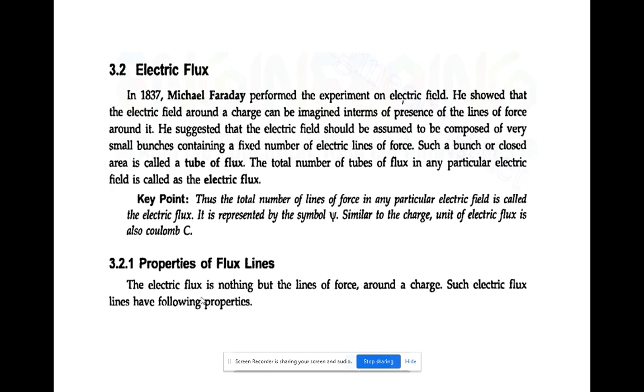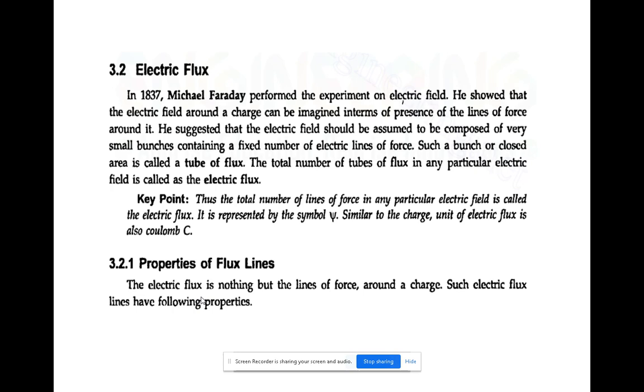Last year we saw point charges, the force on a point charge due to another point charge. Next we saw electric field intensity, which is the force existing on a point charge due to some other point charge; it will have some intensity in the electric field. That force has lines in a certain area of the electric field.